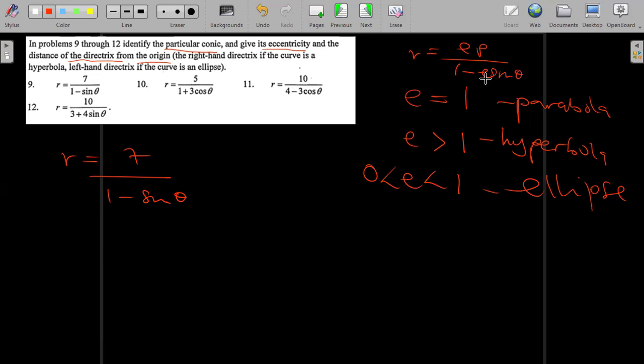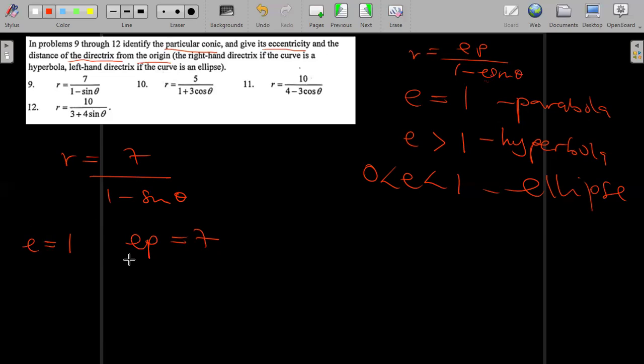So in our case, E is actually 1, meaning my eccentricity is equal to 1. Then what is here on top is the EP. So EP is going to be equal to 7.